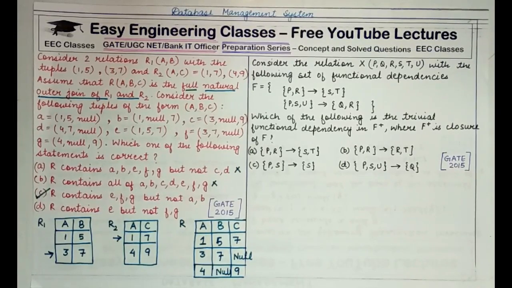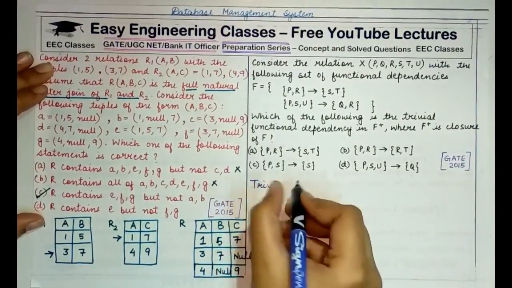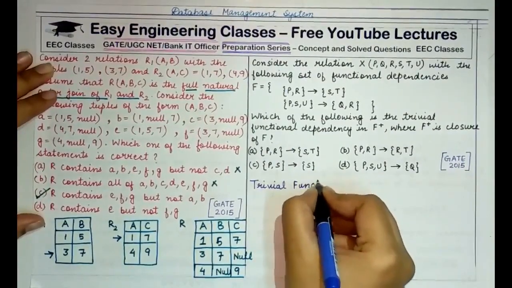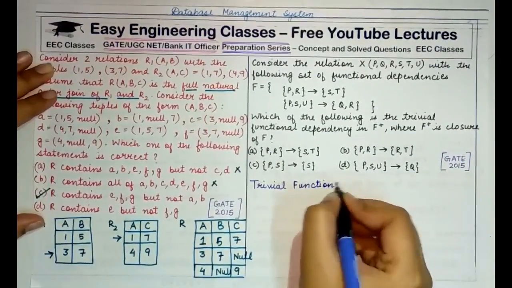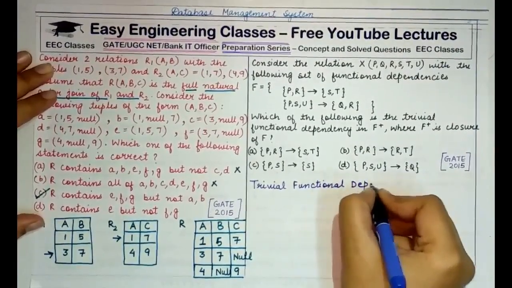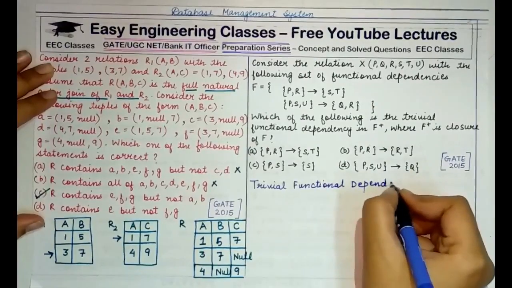Now before you proceed and look at the options and start solving, you must know what trivial dependency actually means. A trivial functional dependency says that if the right hand side of a functional dependency is a subset of the left hand side, then we call it a trivial functional dependency.